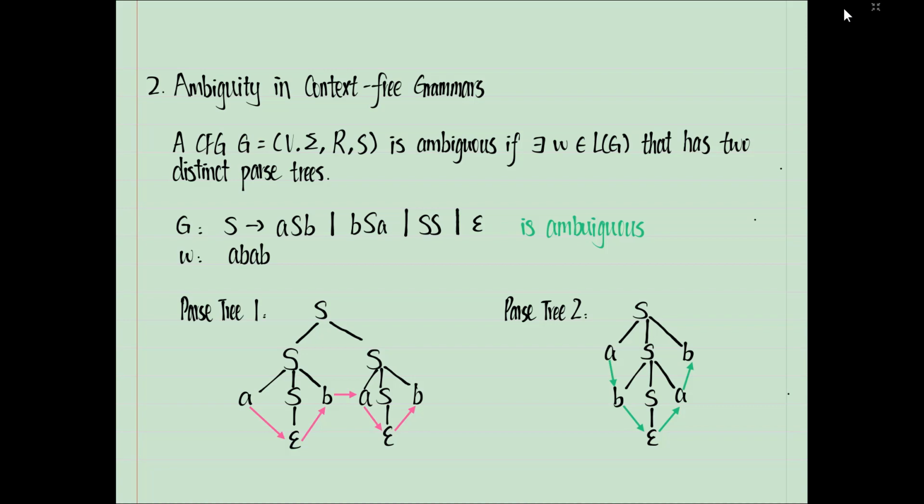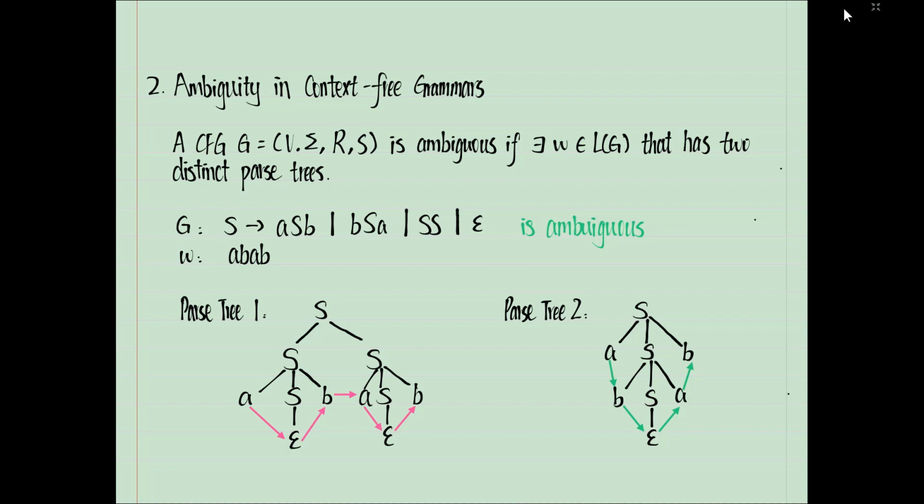We want to show that this string abab, which is generated by this grammar, has two distinct parse trees. Here I have shown two distinct parse trees for this string. The first one is the one we just talked about. The second one has root node S, and this S has three children nodes, a, S, b.